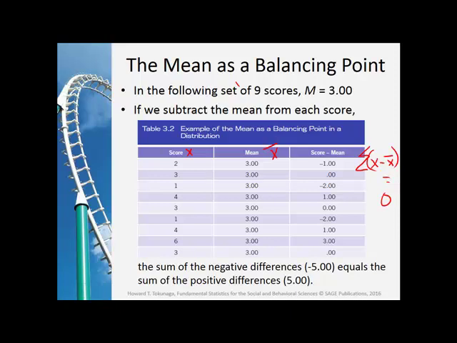If we look at the negative differences, 1 plus 2 plus 2, that's a negative 5. If we add together the positives, 1 plus 1 plus 3, negative 5 plus 5 equals 0. So the sum of the differences between your x and x bars should equal 0.